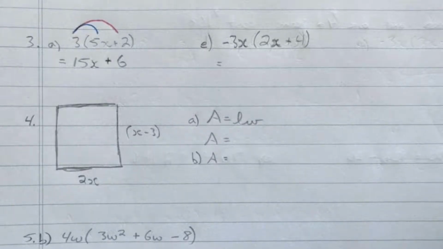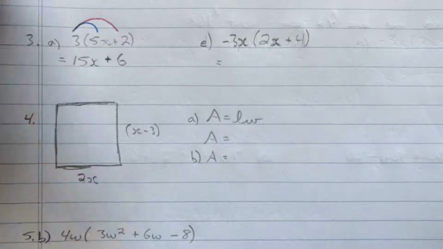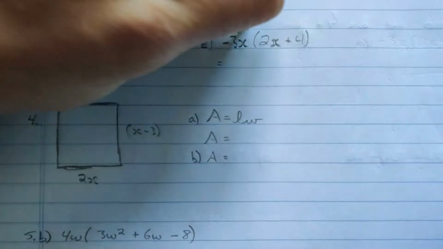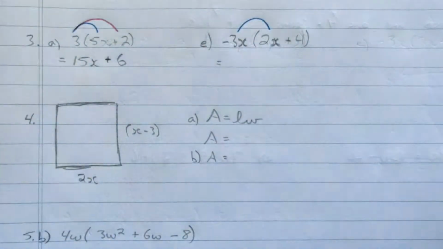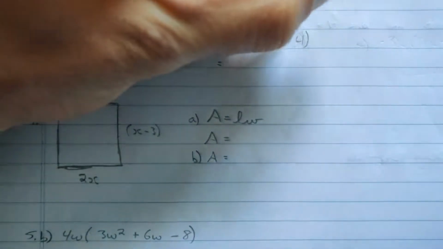So using that same procedure on the next one, in this case we have negative 3x as the monomial, and our binomial we're multiplying it by is 2x plus 4. So we have to multiply 2x by the negative 3x, and then we also have to multiply the 4 by the negative 3x.